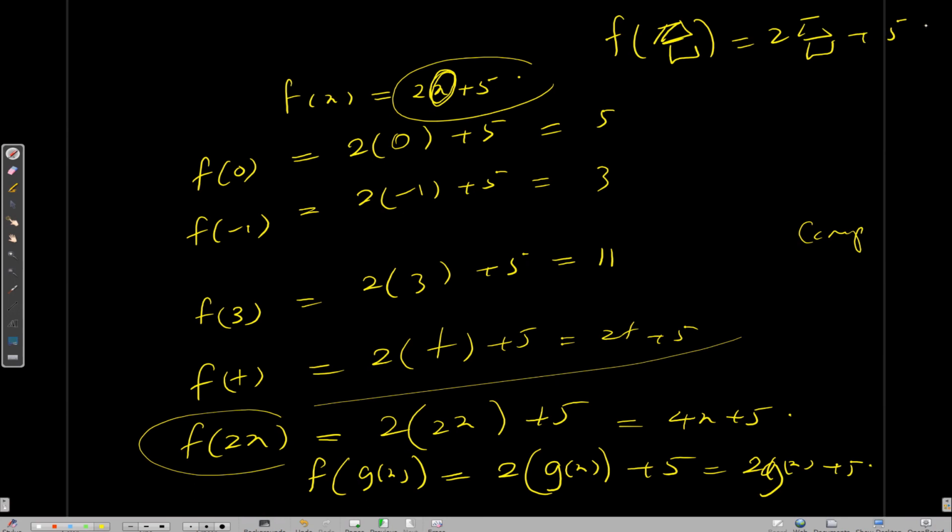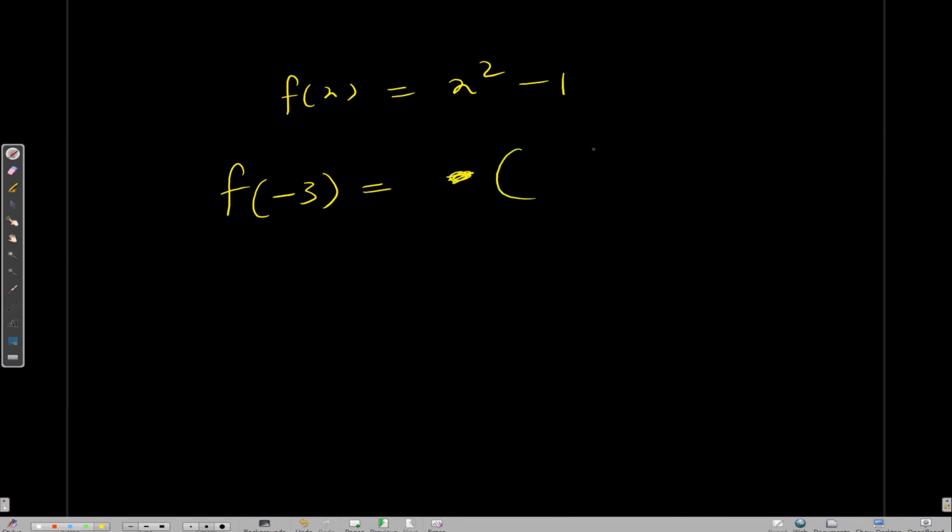Let me do one more example. The places where you have to be careful are, let's say, f of x equals x squared minus 1. If you were asked to find f of negative 3, you really need the help of parentheses. See, squared minus 1, this is the shape. Now you have to put negative 3 inside that shape.